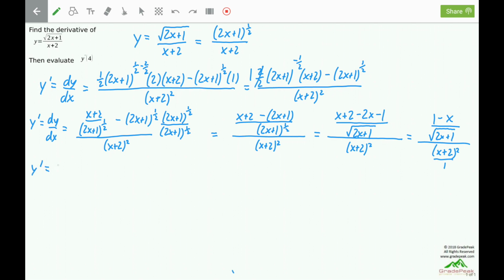So now our y prime, or our dy dx, is equal to 1 minus x over the square root of 2x plus 1 multiplied with the reciprocal, so 1 over x plus 2 squared.